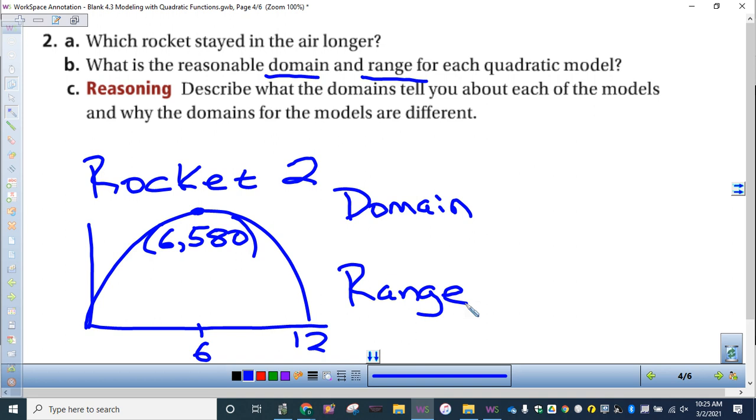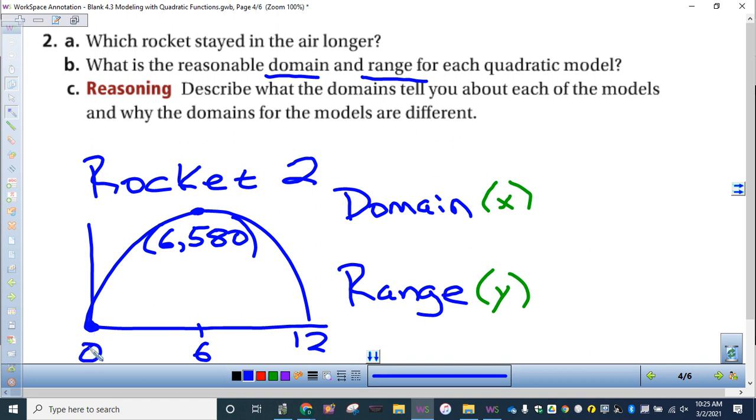So domain is the x values, right? If you forgot that, maybe you write a little x right next to it. Range is y values. So where do my x values start? What's that point right there as far as x? 0.